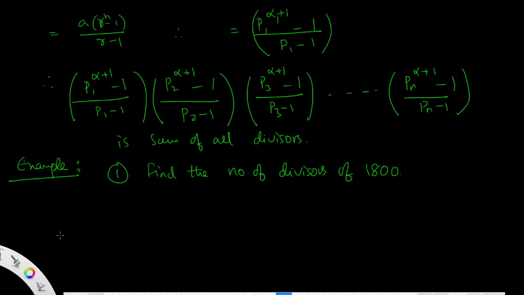Suppose the number is 1800. Let us make the prime factorization, where you can take only 2, 3, 5, 7 like this.